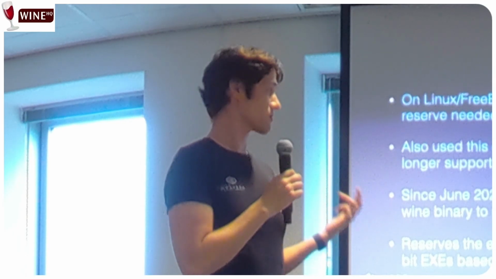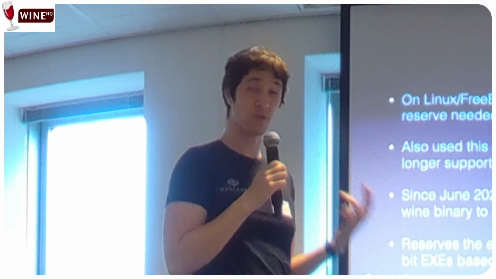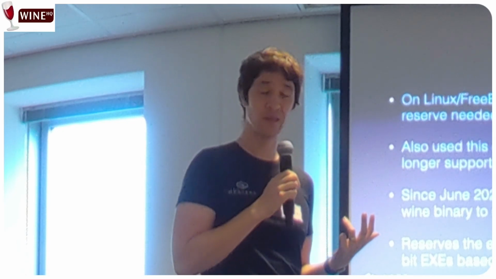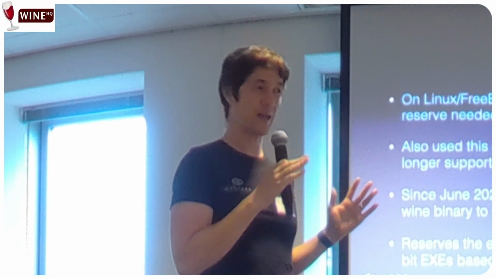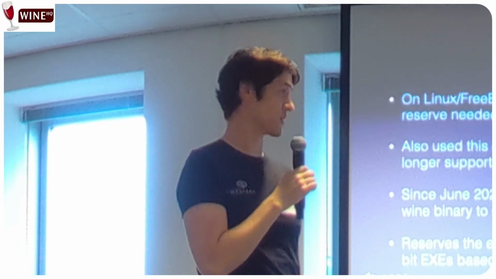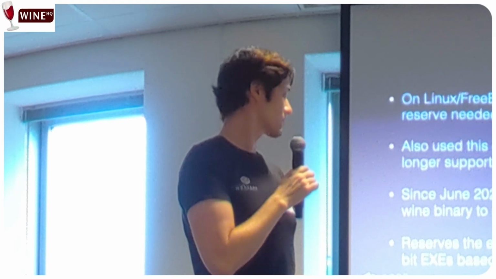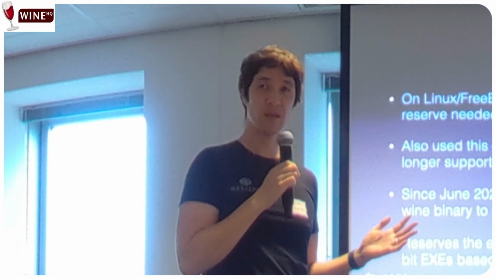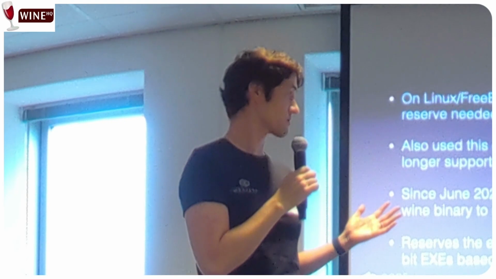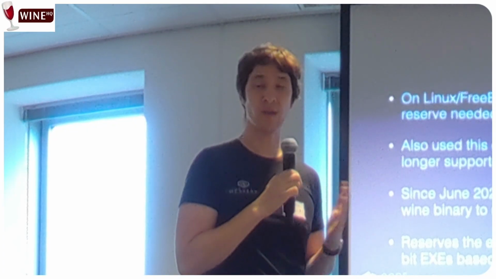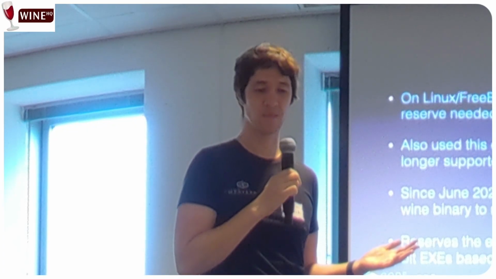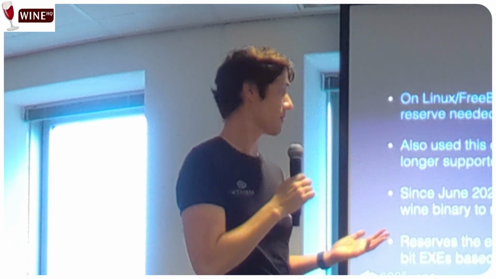So since last summer on the Mac, we now use a zero fill section in the Wine binary to block out the entire low 8 gigs of the address space. This is the entire 32-bit space, which we need to run WoW64 binaries, 32-bit binaries in WoW64.